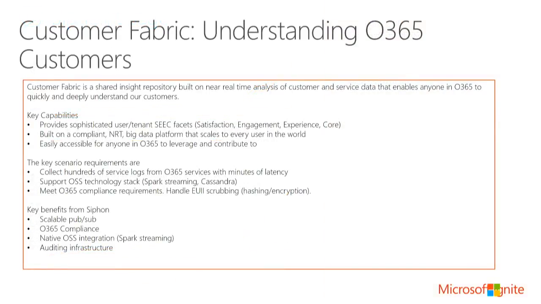This is their key customer scenario: within a few seconds to a minute, Office 365 has a lot of click-through rates that come through. They want real-time insights into how customers are using that service and to provide real-time telemetry and real-time machine learning to surface different content on the web page depending upon how users are using their service. That was the use case for one of the customers that Siphon has.